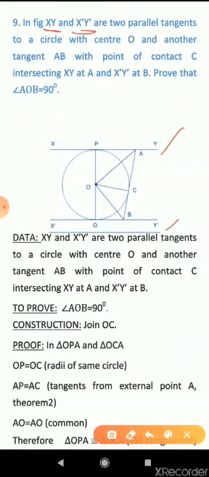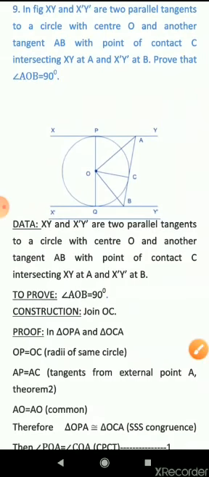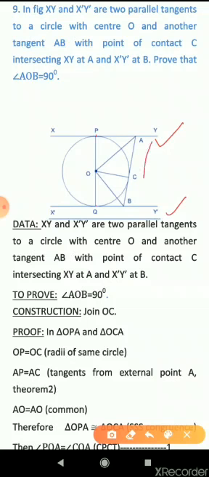If you understand this, this is a very simple question. Just observe the question again. XY and X dash Y dash are two parallel tangents; for XY, P is the point of contact, and for X dash Y dash, Q is the point of contact, and there is another tangent AB. Why is this called a tangent?